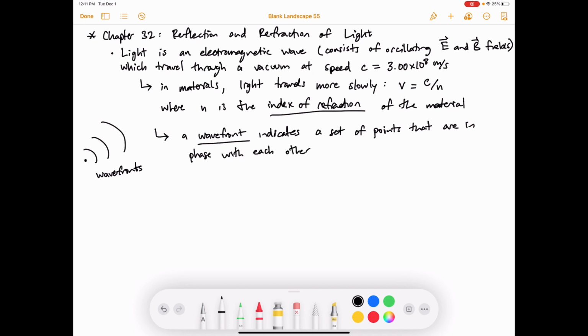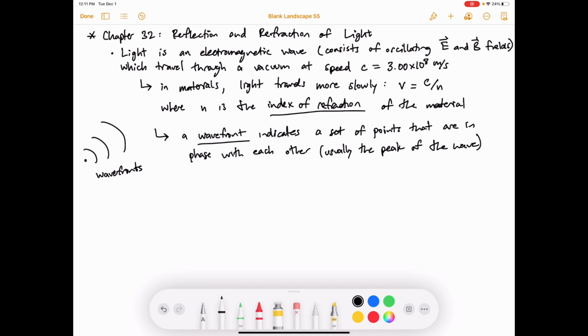So typically, this would be the peak of the wave. In other words, when I draw one of these wavefronts, what I'm saying is every single point along that wavefront is at the peak of the wave's oscillation.